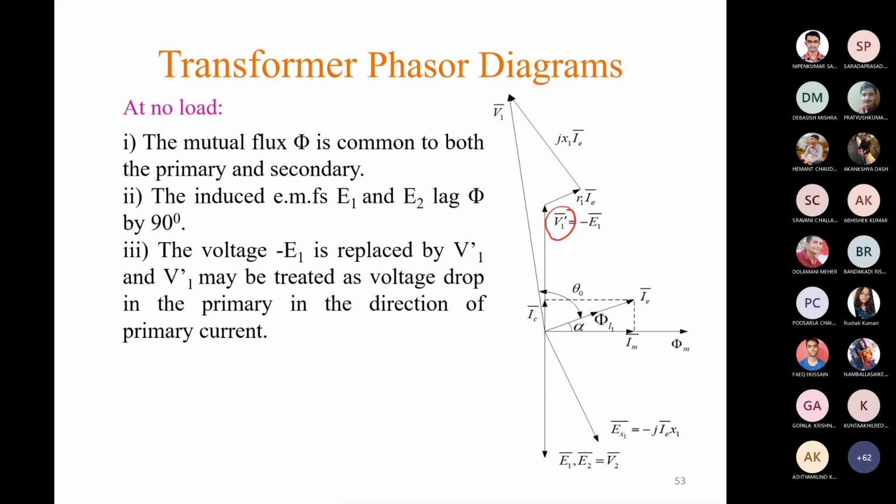This is not the supply voltage or the applied voltage V1. This voltage V1 dash is equal to the primary induced EMF E1 but in the opposite direction.